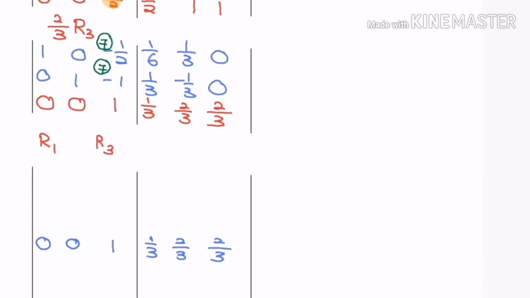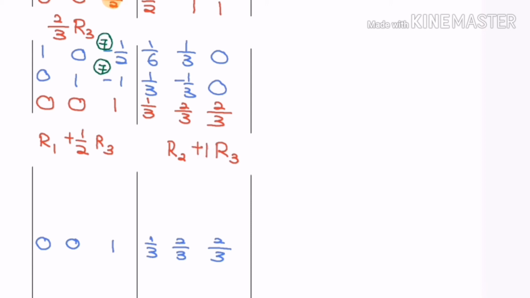So my formula would be plus 1 over 2. Now my focus is row 2 and I'm going to relate it to row 3. So for row 2, column 3, the value is -1. So in here I'm going to plus 1.